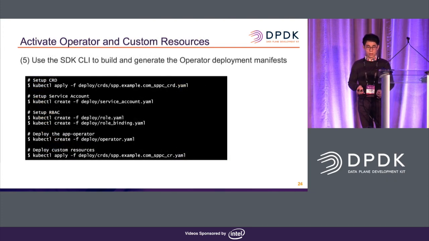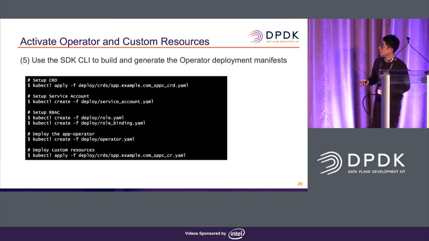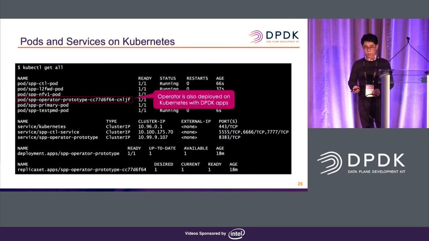And finally, the final step is to activate the operator and custom resources by giving the YAML definition to Kubernetes. There are several Kubernetes commands for activating each YAML, but it's not so complex. So after activating the custom definition and APIs, we can find the pods of the DPDK application.